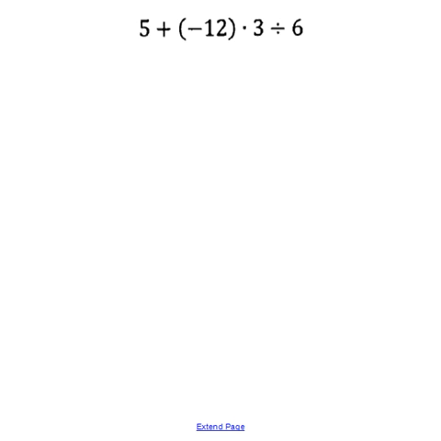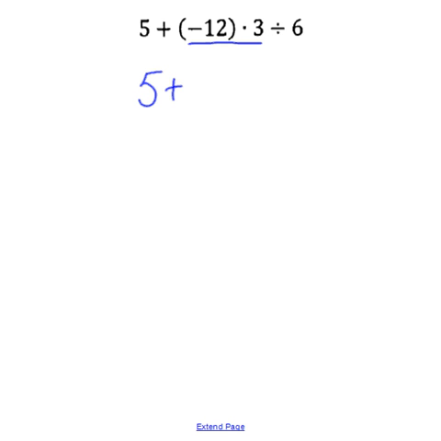This one, again, the parentheses don't have any operations going on there. That parentheses is designed to remind us that the 12 has a negative sign in front of it. We have a series of multiplication and division here, and so when we do multiplication and division, we do it left to right. So we're going to copy down the 5 plus part.